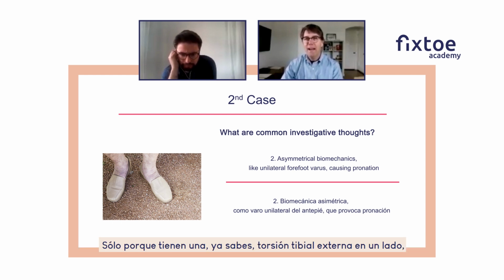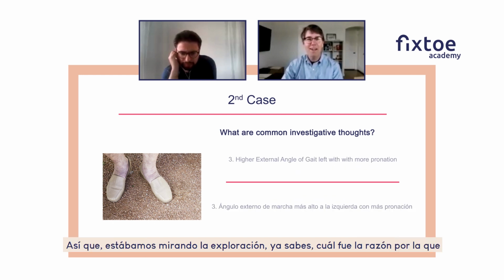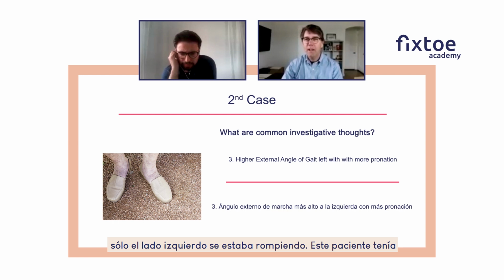Just because they have external tibial torsion on one side, they can have normal tibial torsion on the other side. So we're looking at the reason that just the left side was breaking down.